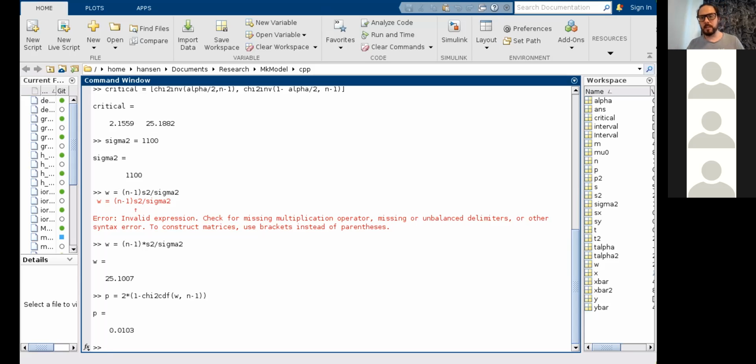Sometimes they say if it's below 0.05, then it's somewhat significant, and if it's below 0.01, it's significant, and if it's below 0.001, then it's very significant, or something like this. People may say something like this, but really it's up to you to determine what to do with this.